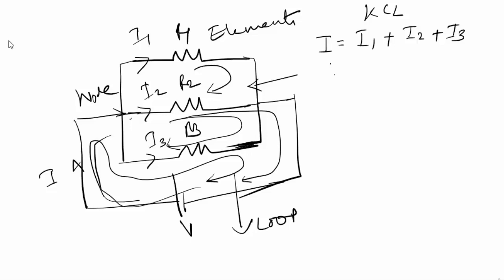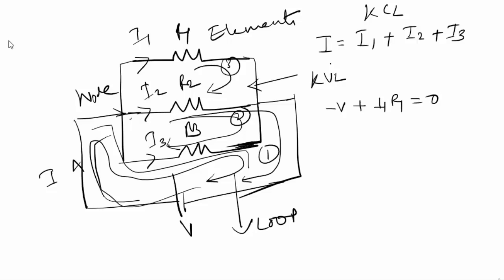When I apply the KVL to this circuit, going through the first loop, the second, and the third, what I find is minus V plus I1 R1 equal to 0, and minus V plus I2 R2 equal to 0, and minus V plus I3 R3 equal to 0.